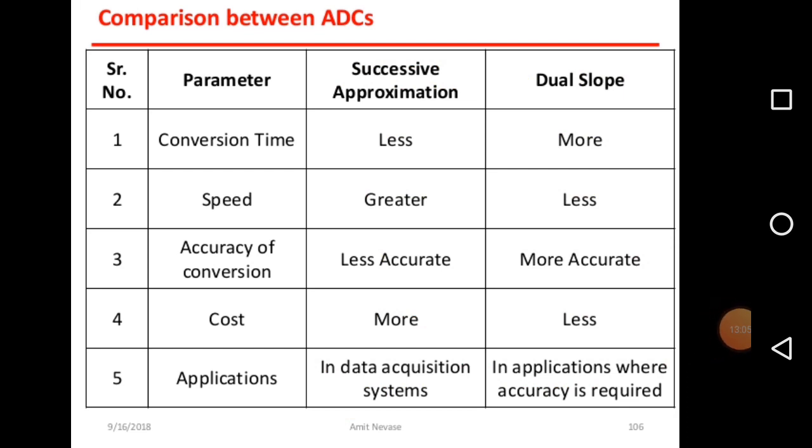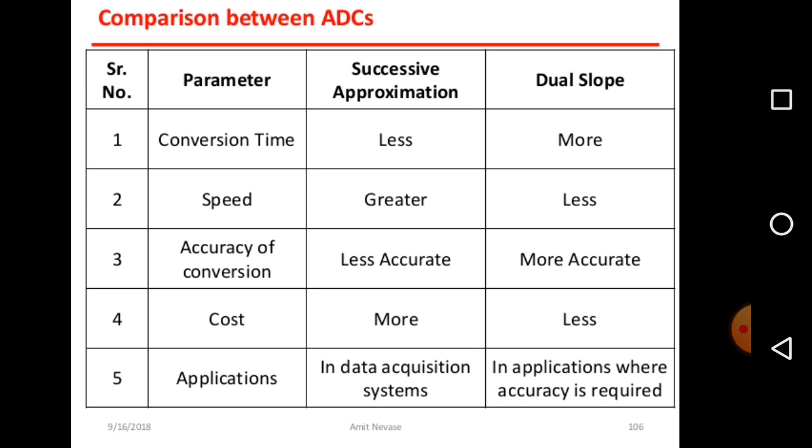Now we can see the comparison between successive approximation and dual slope. Here we can see the parameters. The first parameter is conversion time: for successive approximation less, for dual slope more. Speed: successive approximation has greater speed, dual slope lesser speed.